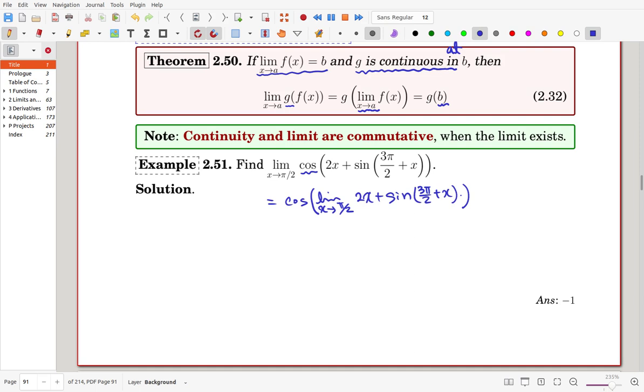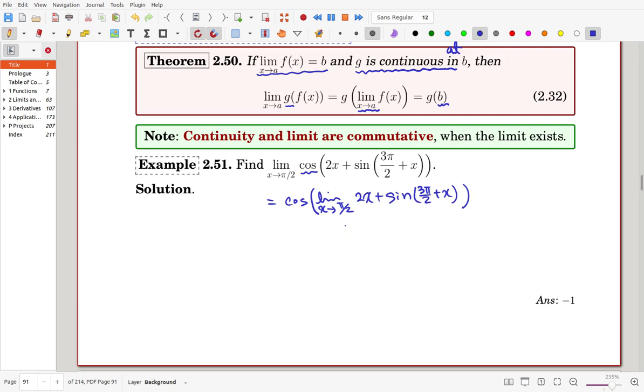So cosine, which is a continuous function, and the limit are commutative, so we apply the limit first. But you can do this only when the limit exists.